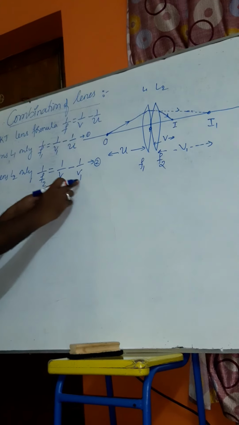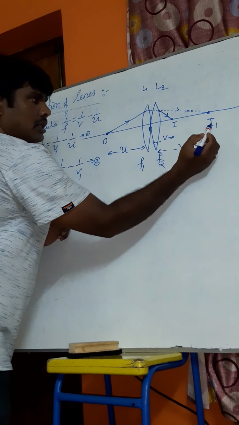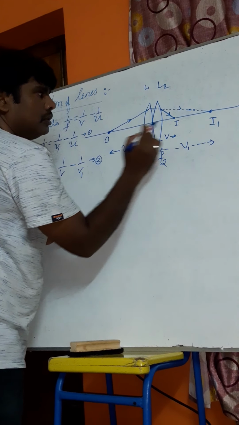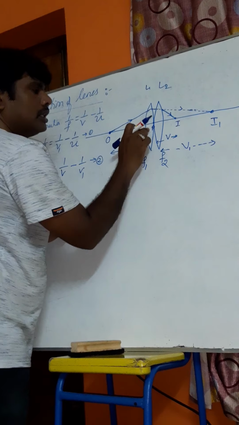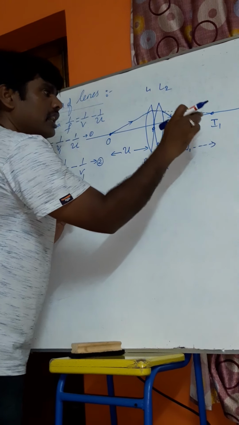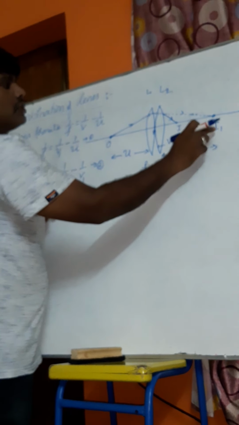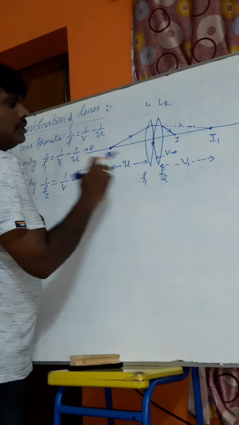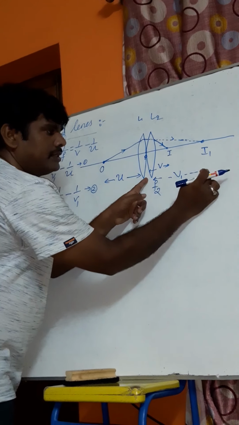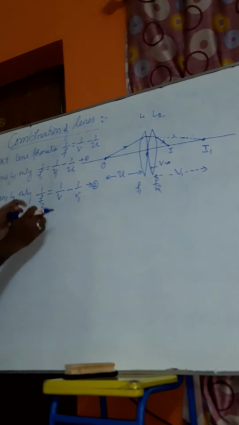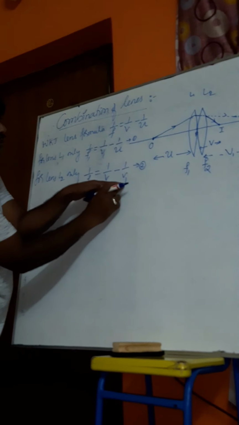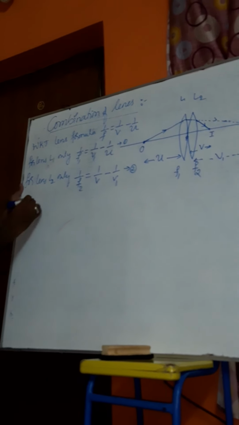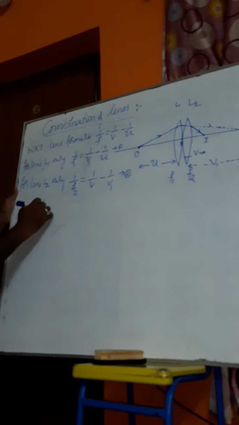This is a very important concept. The image I1 formed due to lens L1, in the second case, the same image point acts like a virtual object for the second lens. That's why this will become object distance, this will become image distance.